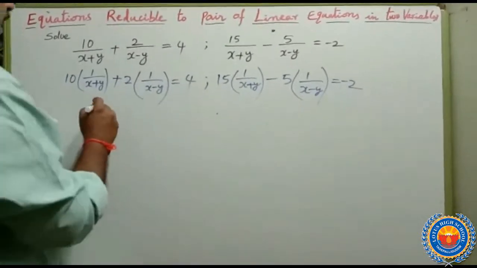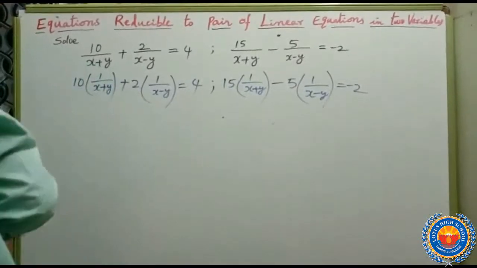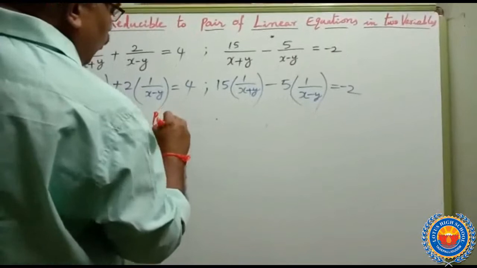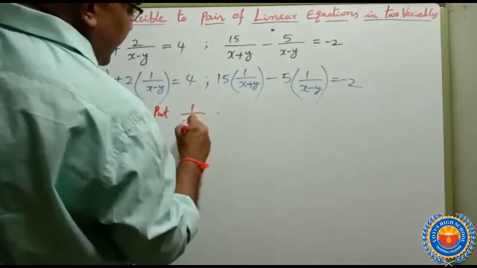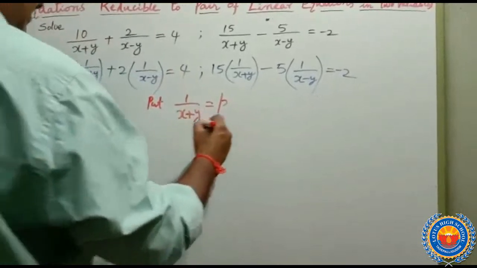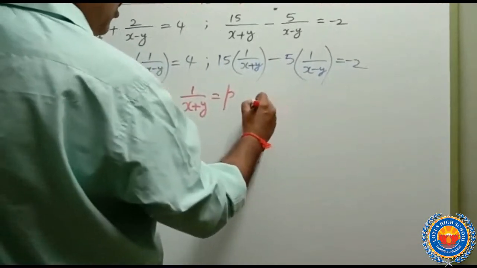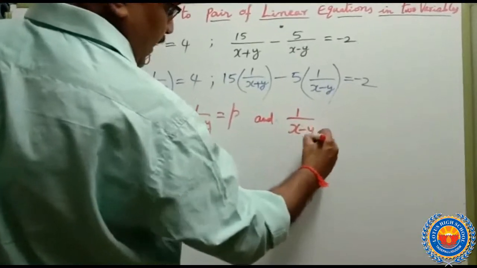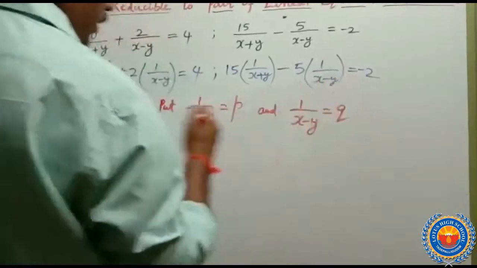Here put 1 by x plus y is equal to p and 1 by x minus y is equal to q.